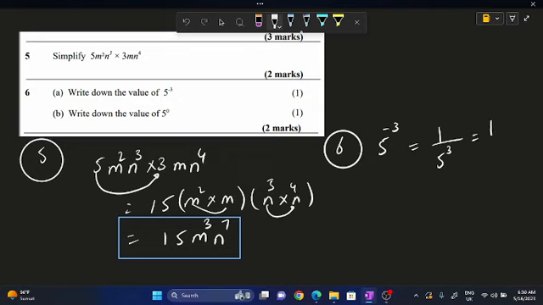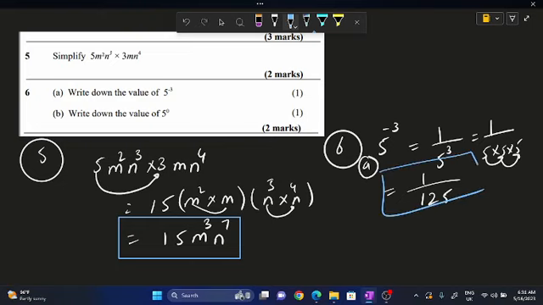So it can be written as 1 by 5 cube, which means 5 times 5 times 5. 5 times 5 is 25. 25 times 5 would be 125. So the answer for question number 6 A part is 1 over 125. That is the answer.